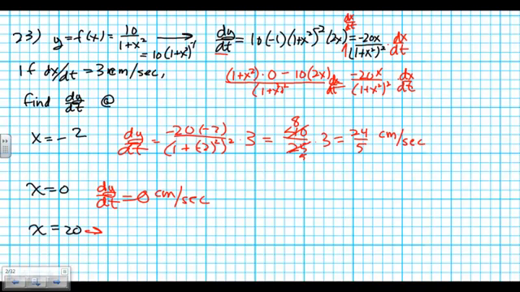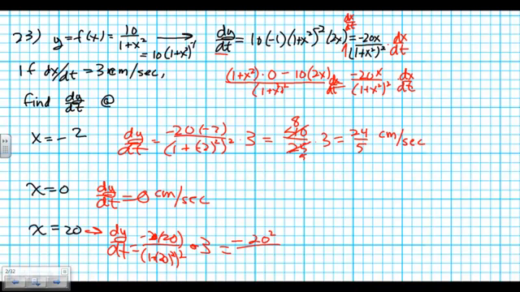And lastly, dy/dt when x is positive 20 is negative 20 times positive 20 over 1 plus 20 squared, times 3. So on the top I'm going to have a negative 20 squared.